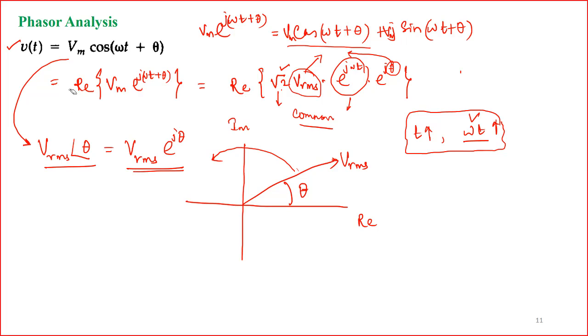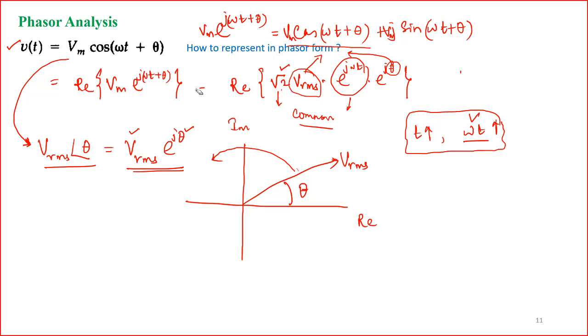Any signal we can convert from its instantaneous, time domain form to the phasor form just by knowing the RMS value and the phase angle theta, right? Therefore when we write a signal in the phasor form, we consider only the RMS value and the phase angle, okay? So this is how we represent any signal in the phasor form.